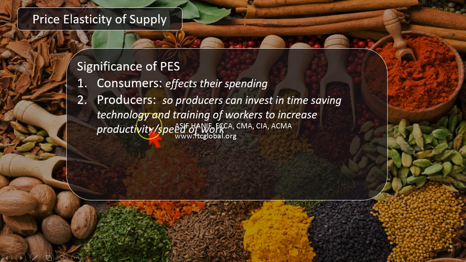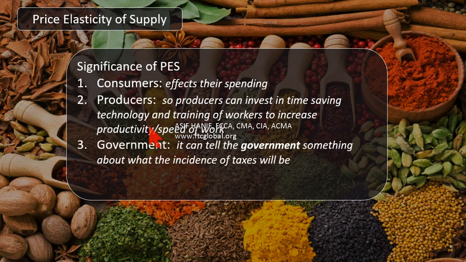So these are the factors that determine the price elasticity of supply. And finally, for the government, price elasticity of supply can tell what the incidence of taxes would be. Previously, we discussed that if the demand curve is inelastic, the incidence would primarily be on the consumer.